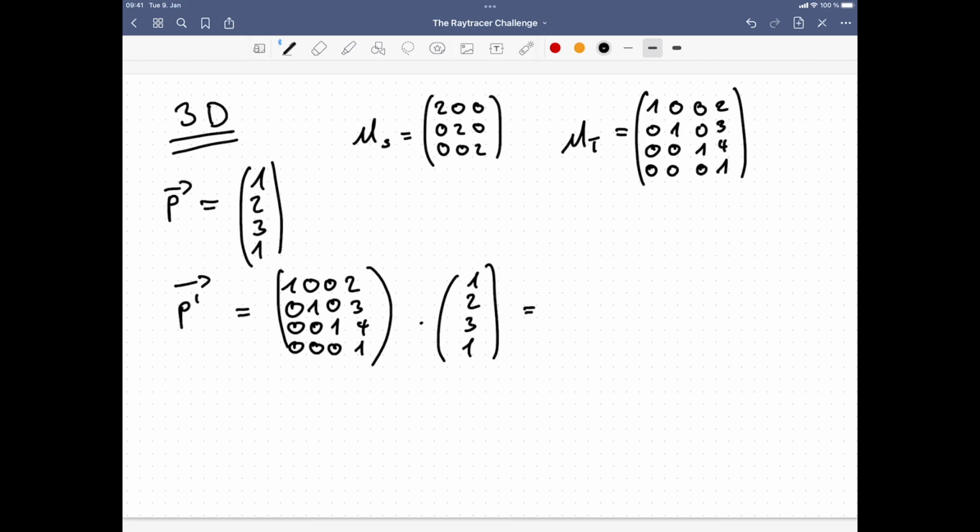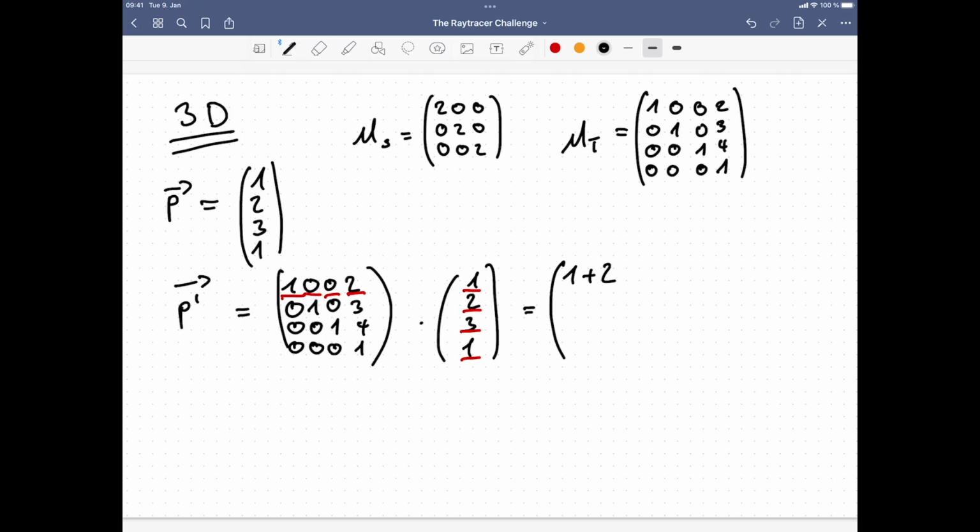The result would be, let's see, 1 times 1. So we would have 1 plus 0 times 2, so 0. I will not write that out. Then we have 0 times 3, so 0 again. And then we have 2 times 1. And this one will, of course, then be a 2, because 2 times 1 is 2.